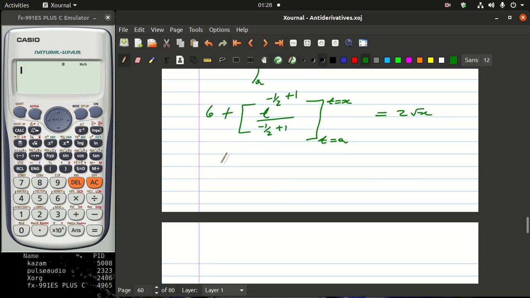The next thing is simply we'll end up having 6 plus, and then here what are we going to get?